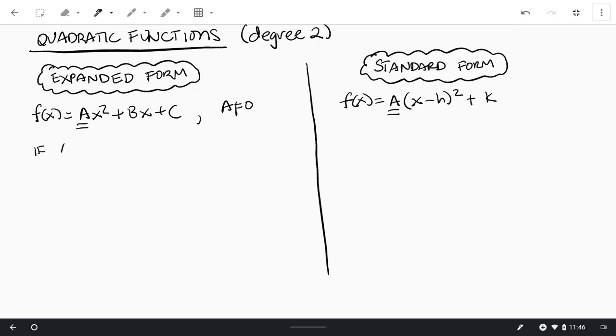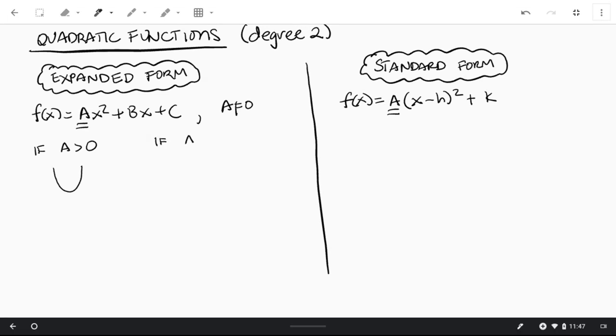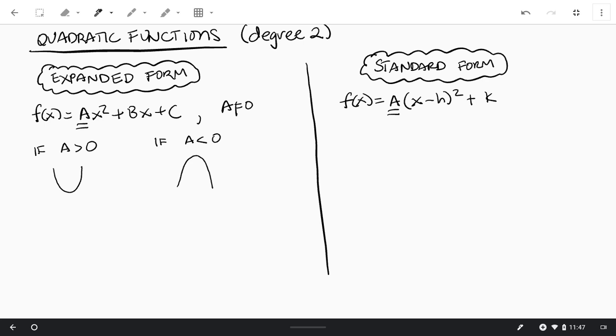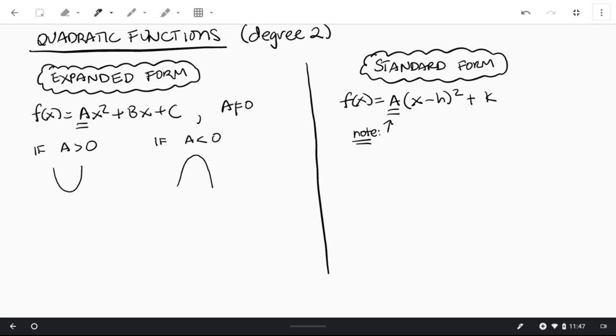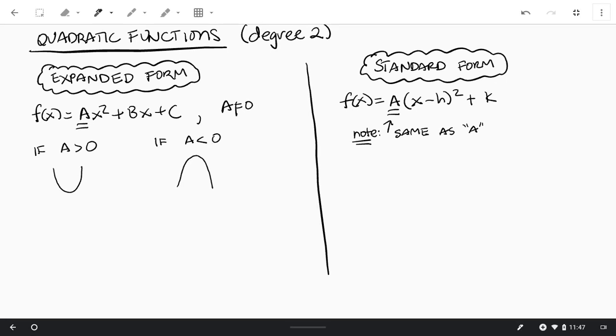If A is greater than 0, so if it's positive, then your parabola will open upward. If A is negative, less than 0, then your parabola will open downward. So over here, we said that this is the same as the A value in expanded form.